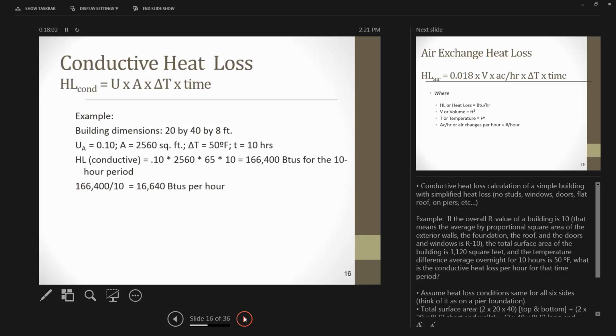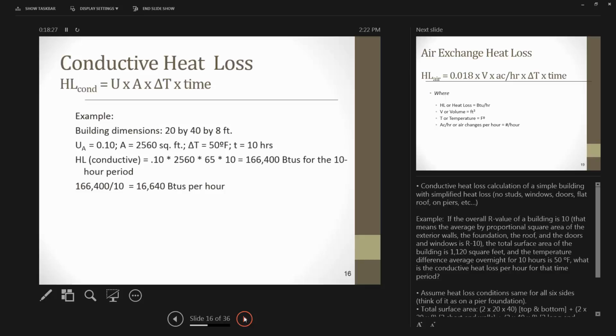So our conductive heat loss: our U, 0.10, times 2,560, our square footage, times our delta T, 65, over 10 hours, is 166,400 BTUs over the 10-hour period. Simplify that down, and our conductive heat loss for our little box is 16,640 BTUs per hour.